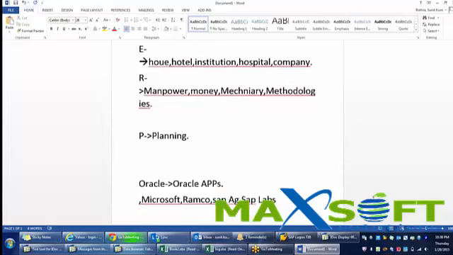Similarly, Microsoft has given a set of ERPs, one of them is Axapta, then they have given Dynamics. Like that, Ramco has given, SAP has given. It's not that a particular company has given only one software; as I told, Microsoft has given 2-3 software.